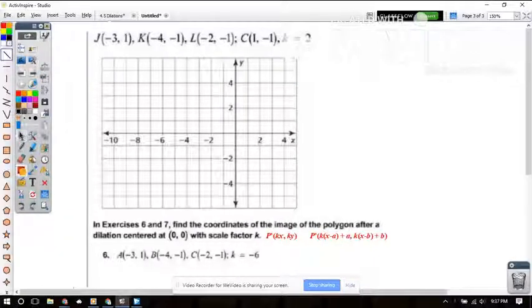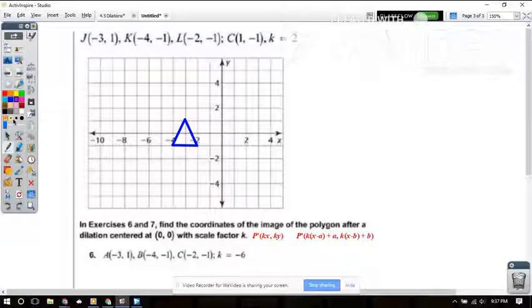So first off, let's go ahead and plot this, put this on a graph, see what we got here. J is at -3, 1. That'll be right here. K is at -4, -1. So there it is. And L is at -2, -1, which goes right there. Now we need our center of dilation, which is at 1, -1.